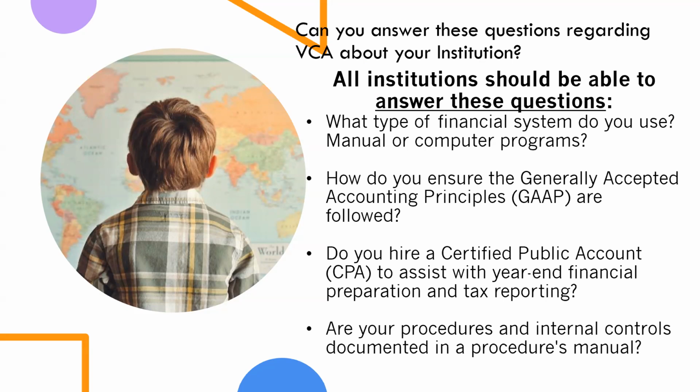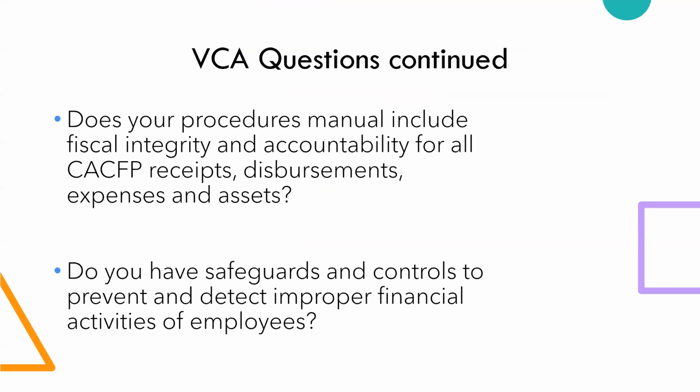And are your procedures and internal controls documented in a procedures manual, such as your management plan? Does your procedure manual include fiscal integrity and accountability for all CACFP receipts, disbursements, expenses, and assets? Do you have safeguards and controls to prevent and detect improper financial activities of employees?